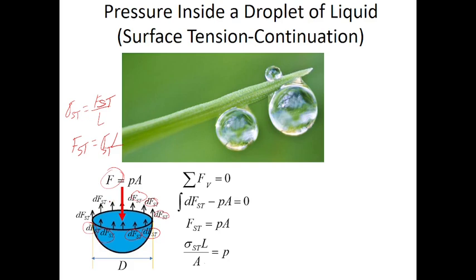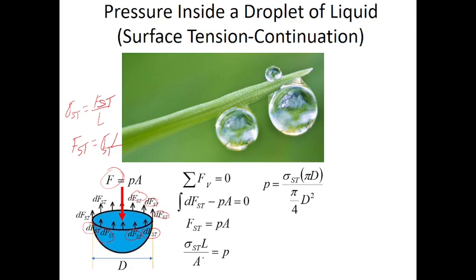The length that we will consider here is the circumference of the circle, where differential forces due to surface tension exist. So we have the surface tension and the circumference. The length of this circle is the circumference, and the circumference is simply pi d, pi multiplied by the diameter of the circle.